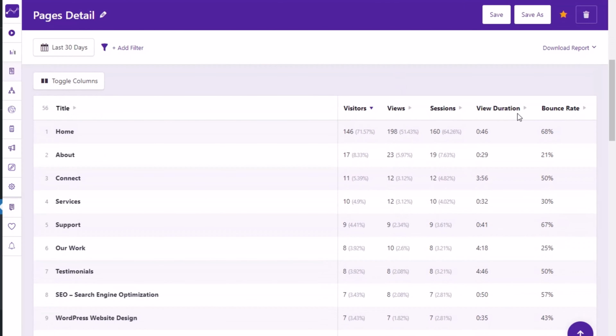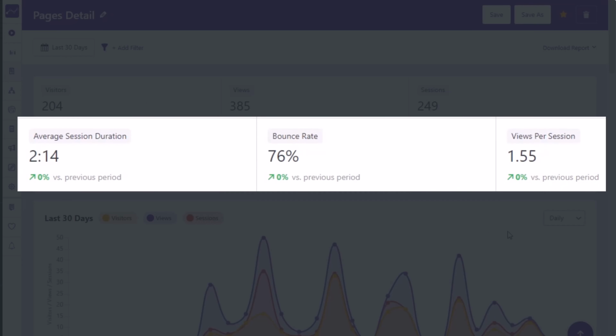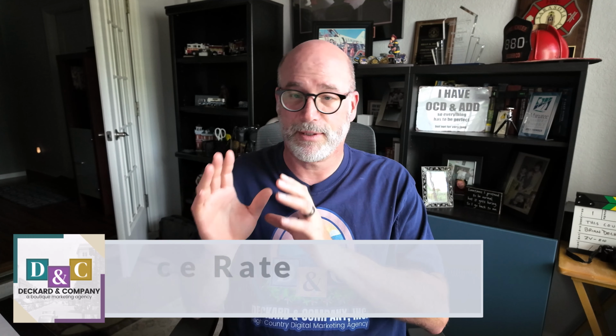So the first one we're going to talk about is the most difficult to explain, because the way some platforms do bounce rate compared to, say, Google Analytics, which has a very complicated way, is different. But this is pretty much bounce rate in a nutshell. A bounce is when someone leaves your website after viewing only that one page.